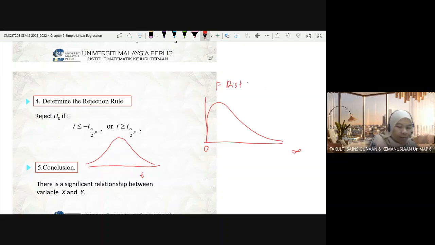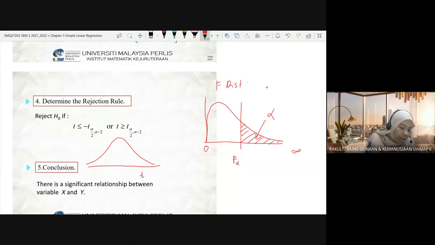And for F, since we are using our F critical value and F test, where does my F critical value lie? From your table of F, you can find your region of alpha. So this is your alpha, and based on your alpha value, you can find your F critical value.